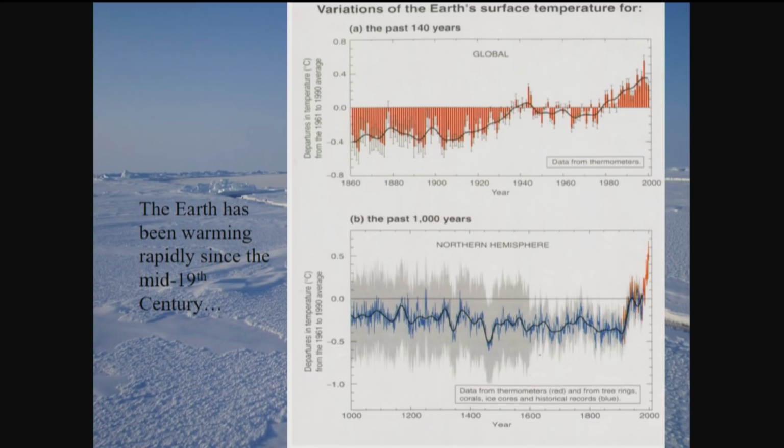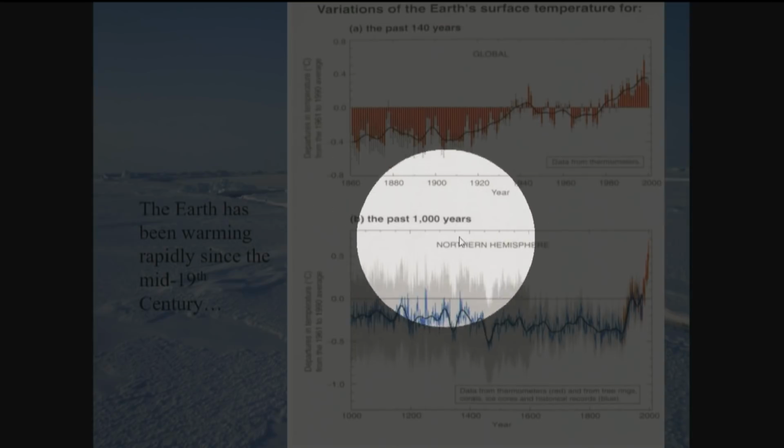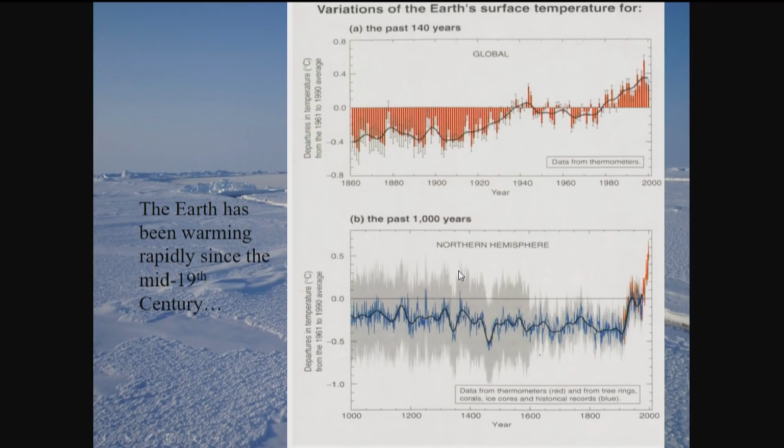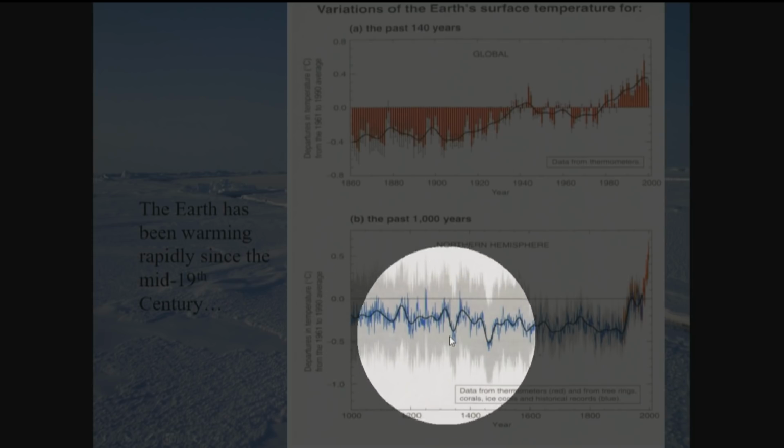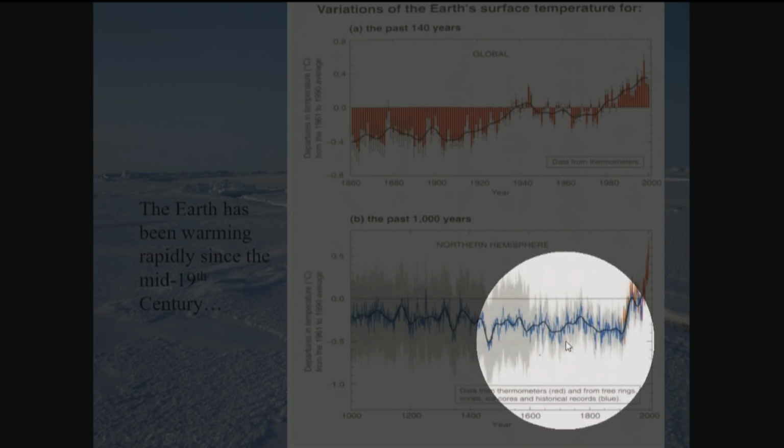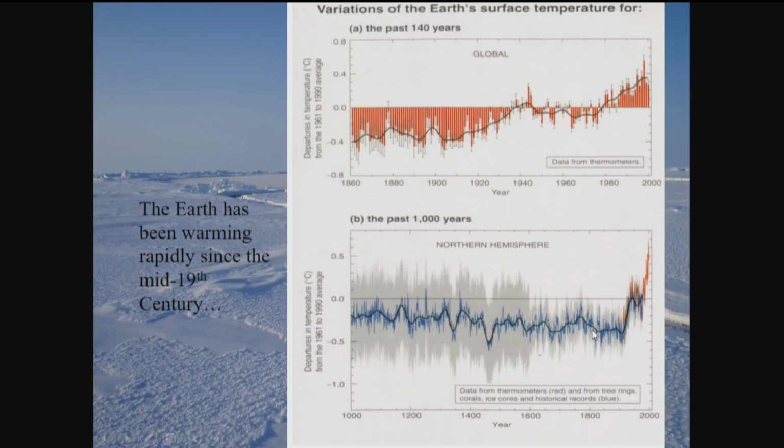It's called a hockey stick curve because, as you can see from the bottom, in the year 1000, when there were the Viking colonies in Greenland, the world was slightly warmer than it later became, and then the average temperatures over the Earth gradually got colder until 1850, and then suddenly they shot up again, and that was the Industrial Revolution.